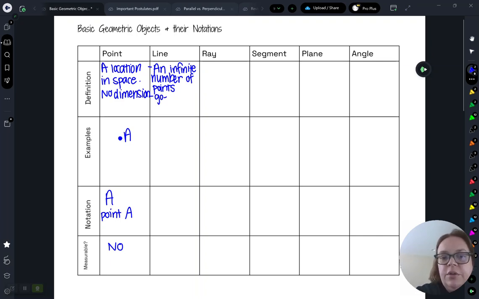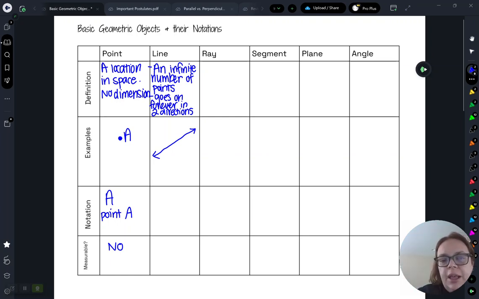So I'm going to say it goes on forever in two directions. Okay, so it's really important to put the arrows at the end of the line. This is going to be straight, and we're going to put an arrow on each end.